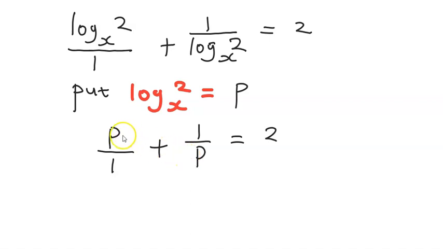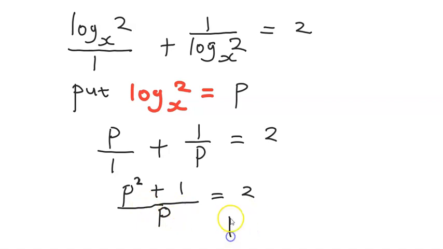So p multiplied by p will be p squared plus 1 times 1 is 1, then over 1 times p is p, equal to 2. So this leaves me with a quadratic expression. This becomes p squared plus 1 equal to 2p.